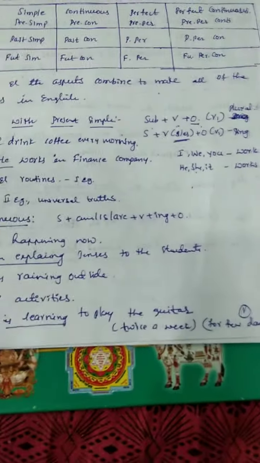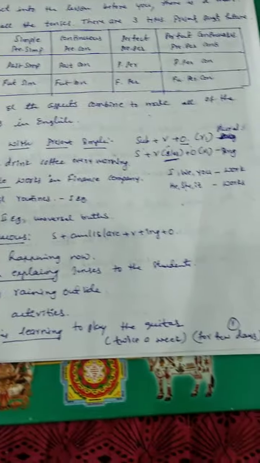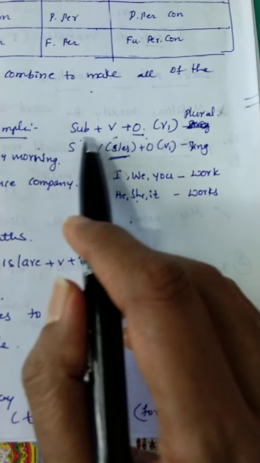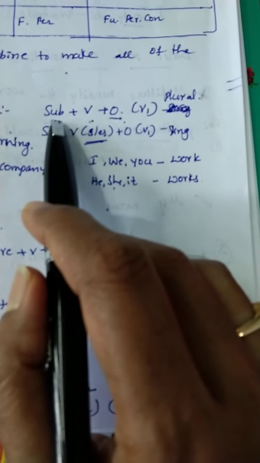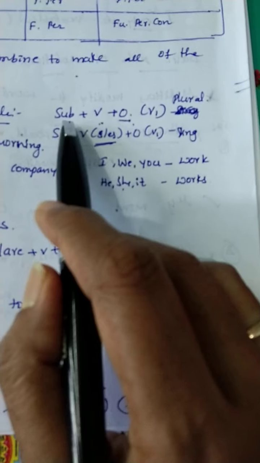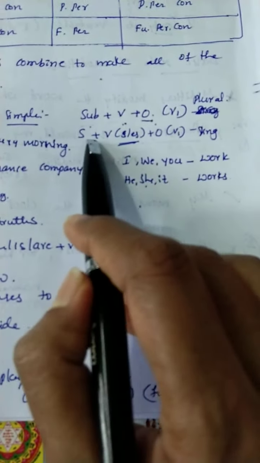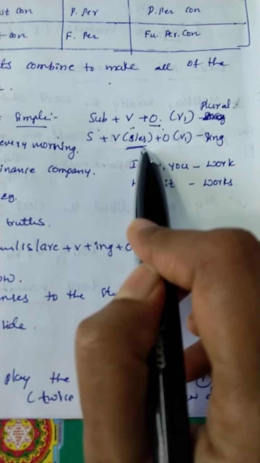Let us begin with present simple, or simple present tense. The structure of the simple present tense is subject plus verb plus object. If the subject is plural, then the structure is subject plus verb plus object. If the subject is singular, we add S or ES form to the verb.